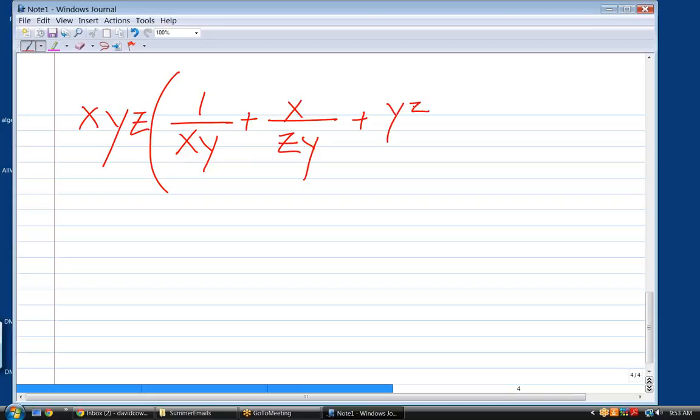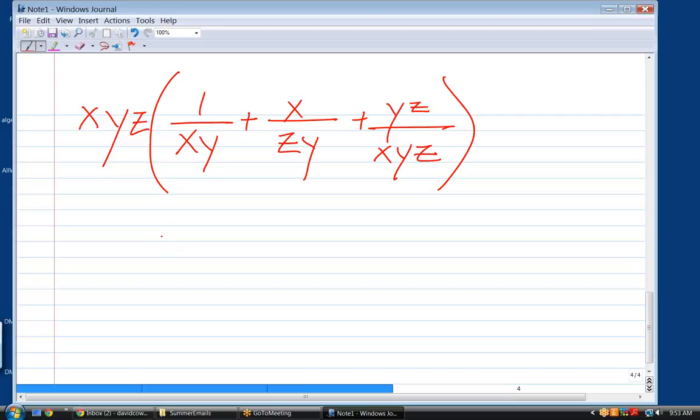Now don't get intimidated by this problem. It looks hard, but it isn't. It's actually quite easy. Okay. So, what are we going to do? Multiply x by z to 1 over x y. That's the first step. What does that give us?